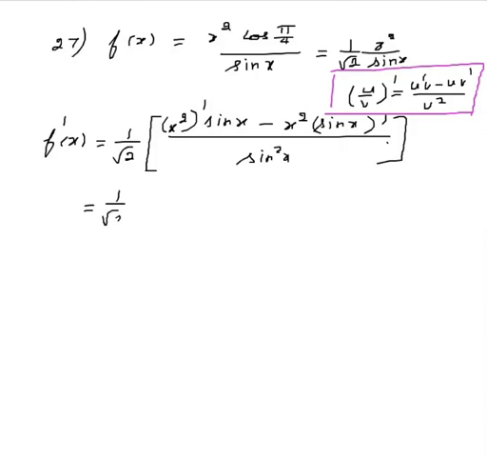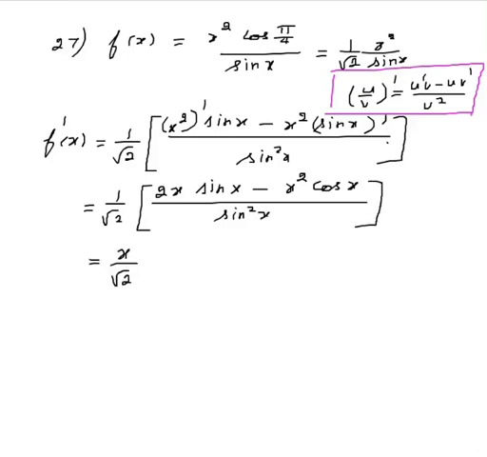This is equal to 1 by root 2 times derivative of x square with respect to x is 2x times sin x minus x square times derivative of sin x is cos x divided by sin square x. Take x out. We get 2 sin x minus x cos x divided by sin square x.